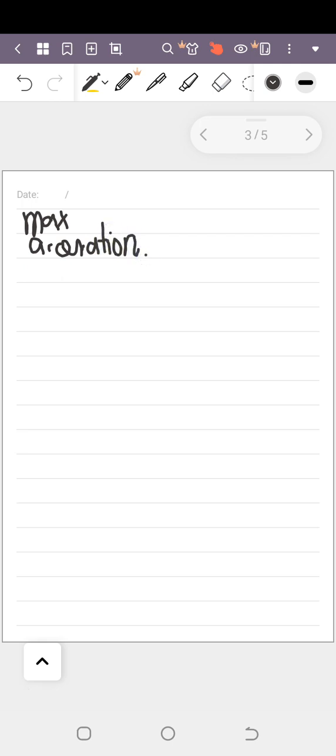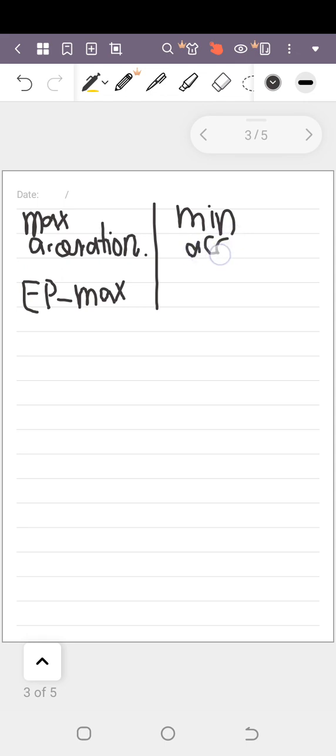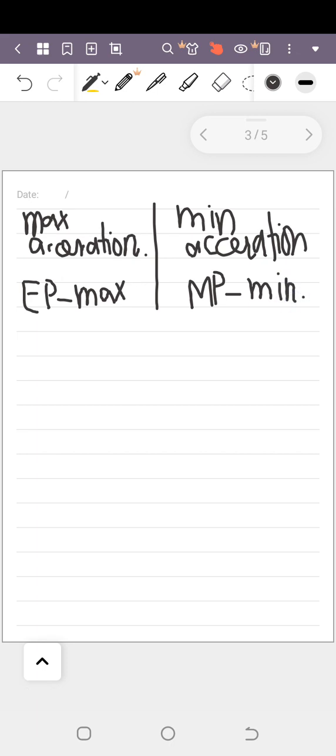Remember, at the extreme position the acceleration is maximum, and minimum acceleration is at the mean position. At the mean position, the acceleration is minimum. Okay, I hope this is clear.